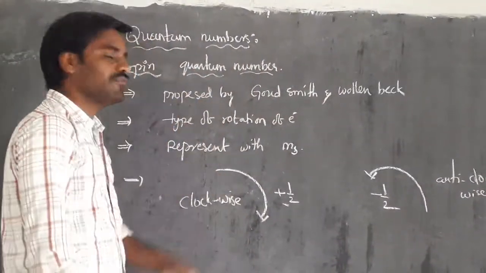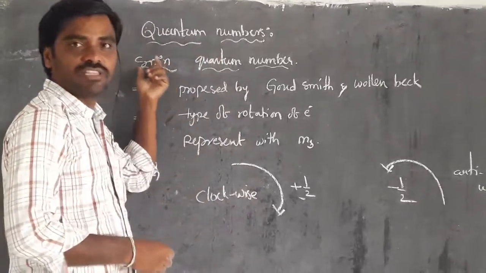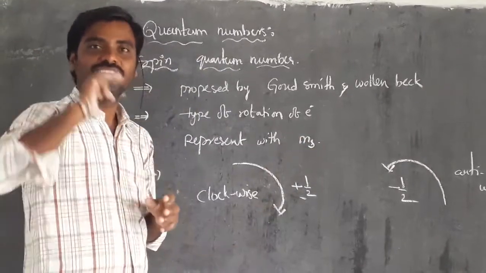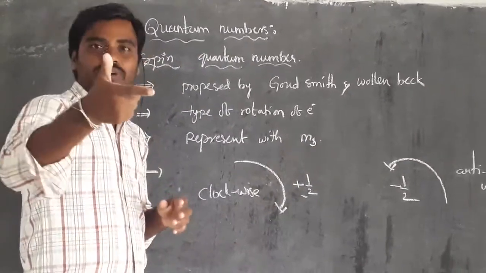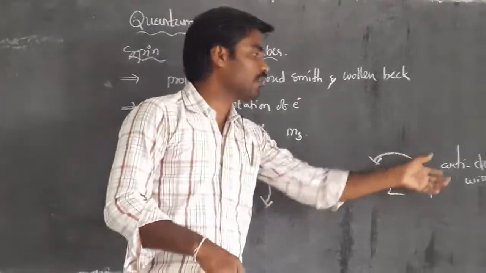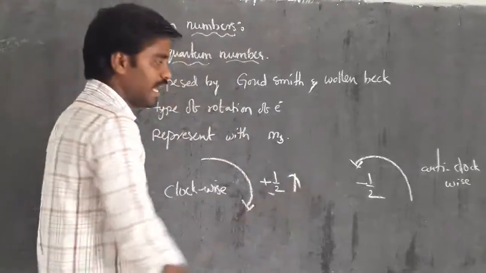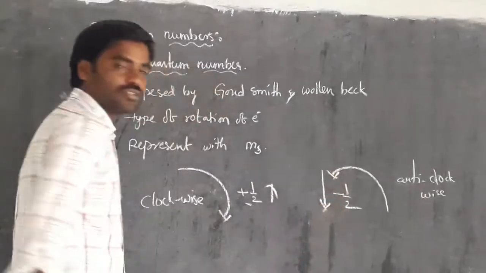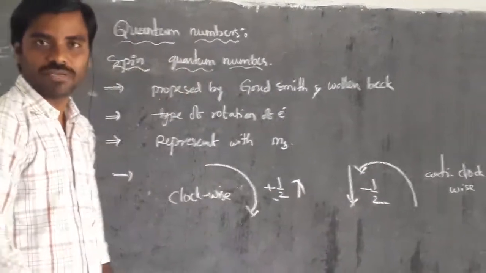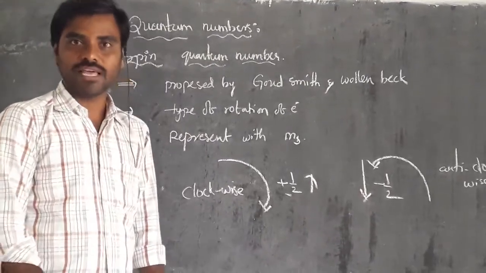So these are the details about quantum numbers, finishing with the spin quantum number. This is very simple, we already discussed it: spin means clockwise or anti-clockwise. Clockwise is a plus value, anti-clockwise is a minus value. Clockwise we show with an arrow like this, and anti-clockwise like this. Such arrow marks we will use in the next topic, electronic configuration. Have you got clarity? Okay children?